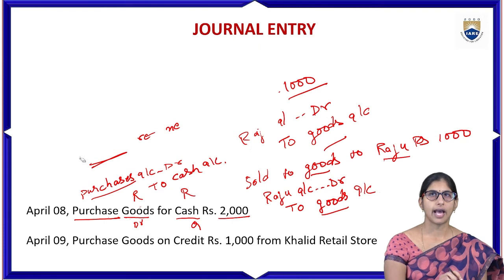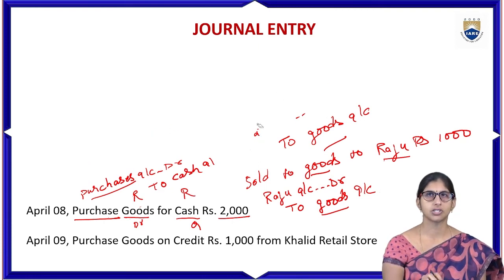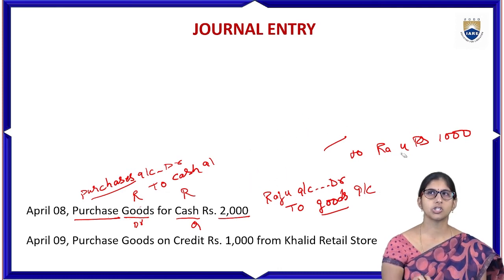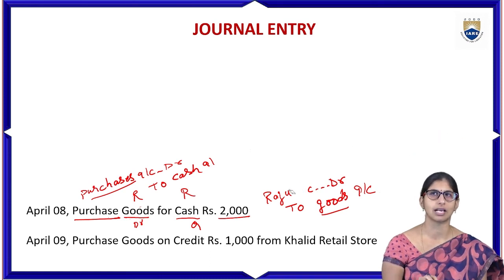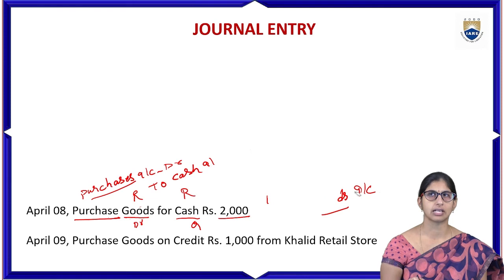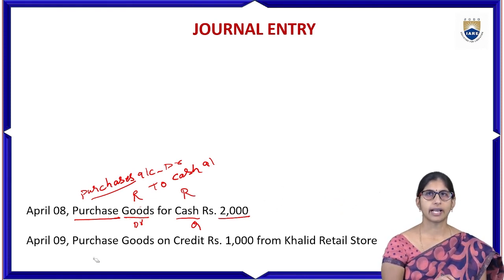Now, as per the transaction, what is a transaction? Purchase goods for cash. So now instead of goods, we should write it as purchases because this transaction is a purchase transaction. And now coming to the second one, that is purchased goods on credit for rupees 1000 from Khalid retail store.